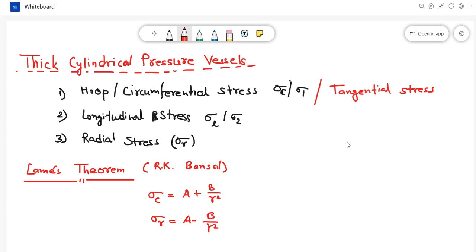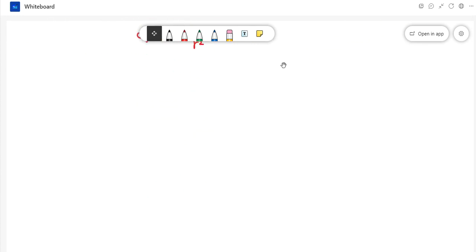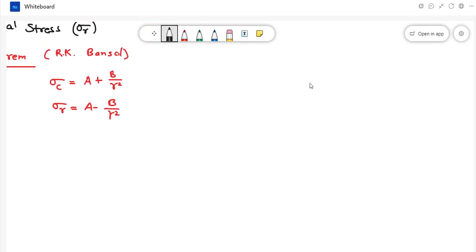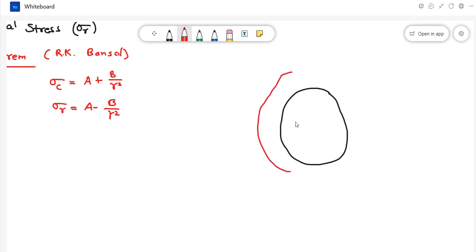So to understand this I will draw a circular cross section of the thick cylinder. So let's try to draw that. It's not a perfect circle, but for now understand it.